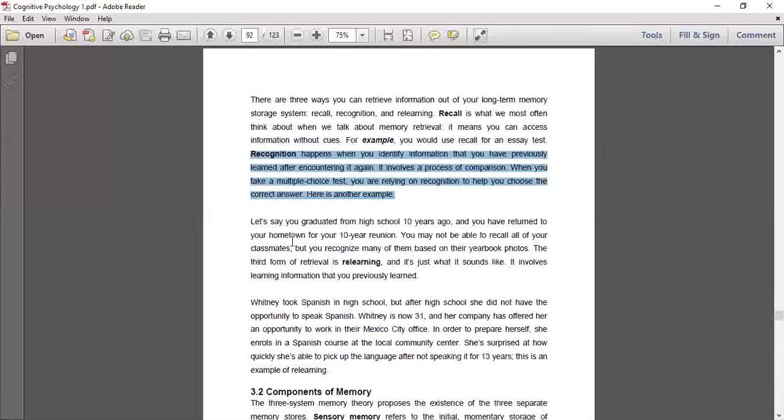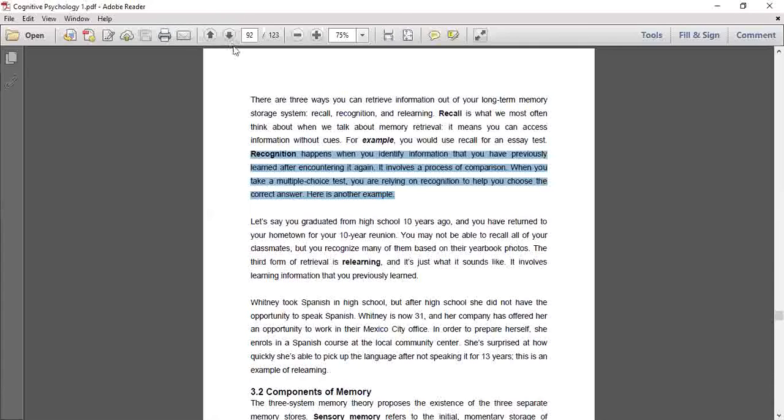It's different from a person who's learning from scratch, isn't it? You have learned it before, you have spoken it before, but you're now reconstructing the same thoughts. So that's relearning. Those are the three aspects that help us to retrieve information from our long-term memory.